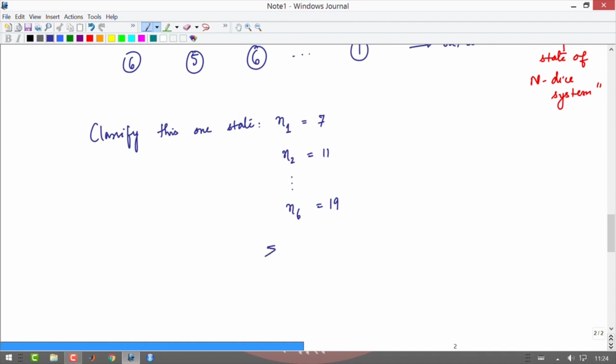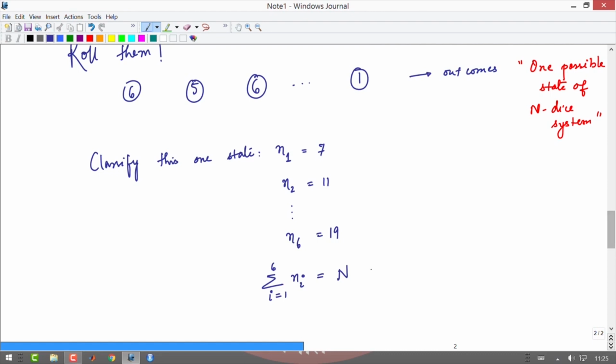And we know that the summation over all the different faces, the sum of these ni's, should be the total number of dice.